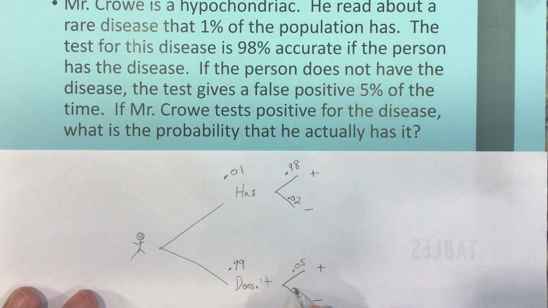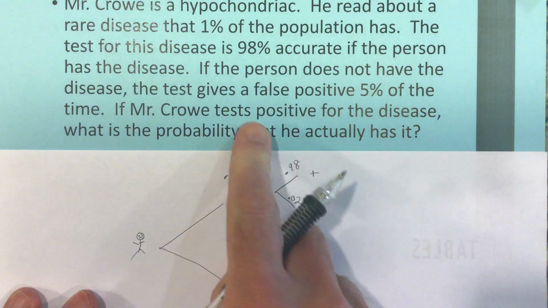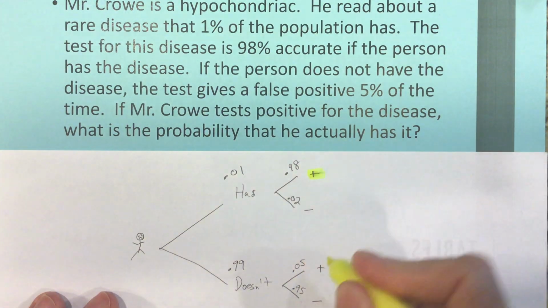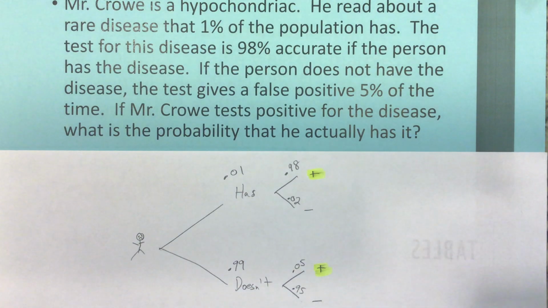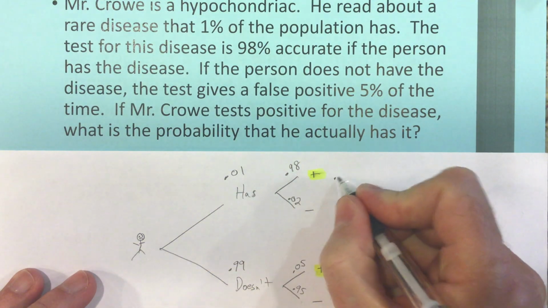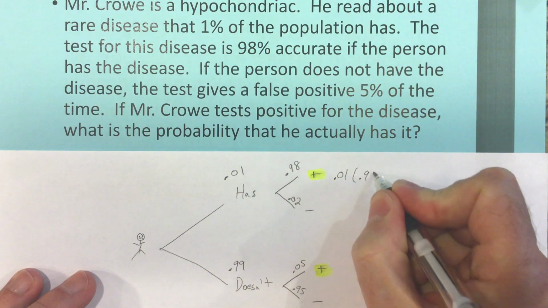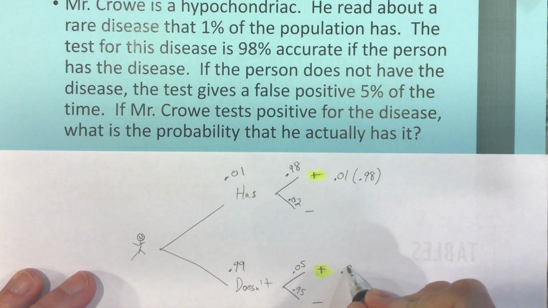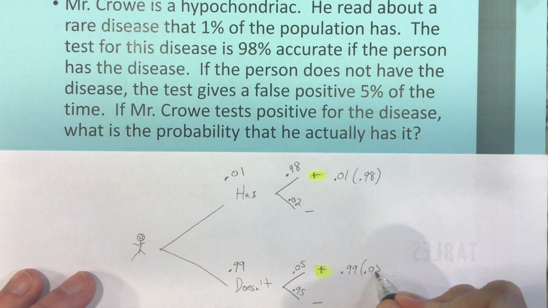And 95% of the time I would test negative. Okay. Now, it turns out I test positive for the disease, which means I must be here or here. So this branch would be 0.01, it's 0.98. This branch here is 0.99, it's 0.05.